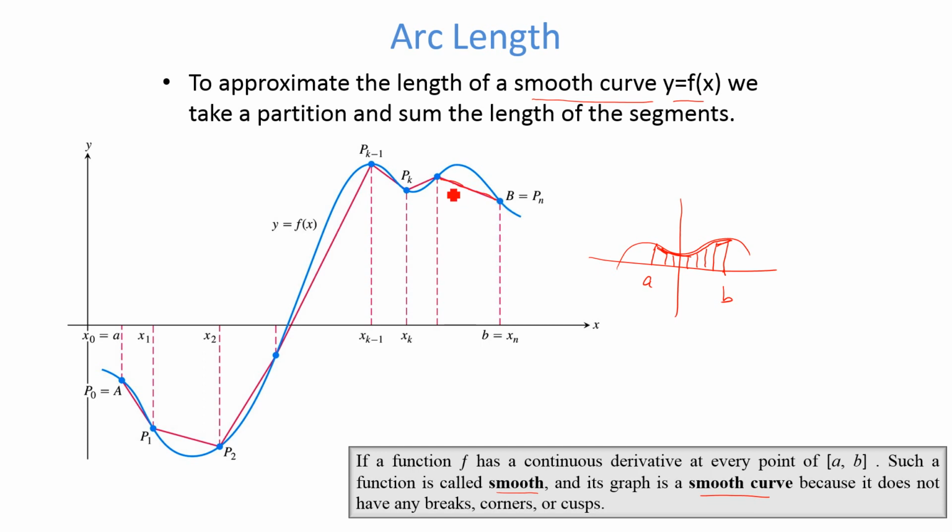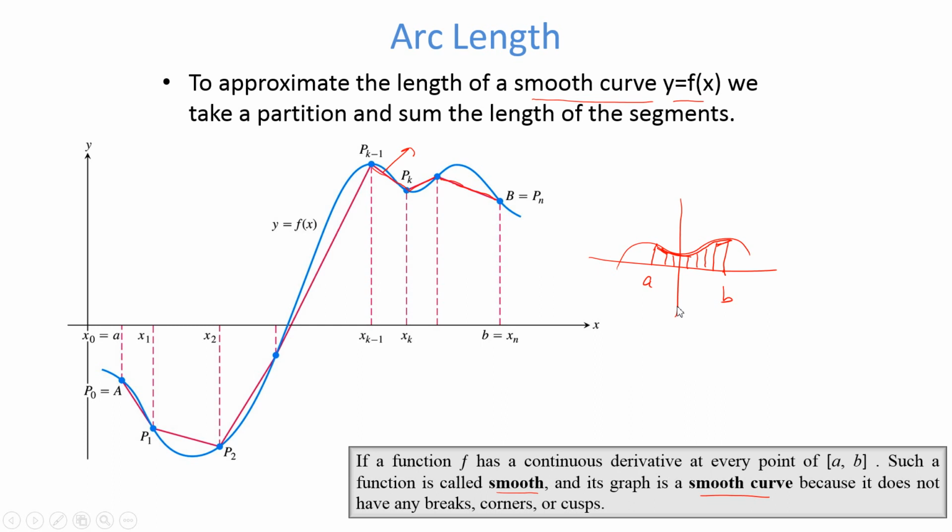So we will draw lines to join every two consecutive points on the curve, and then we'll find each of the lengths, and by adding all of them up we'll have the length of the whole curve in the interval AB.